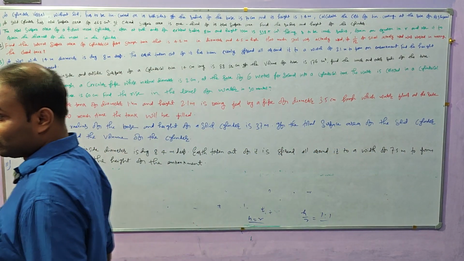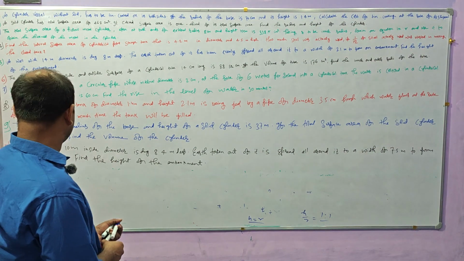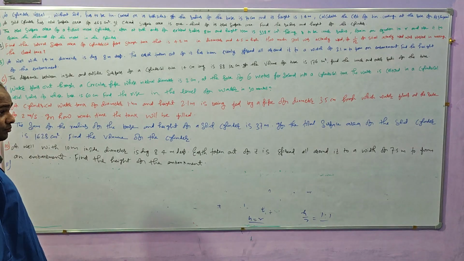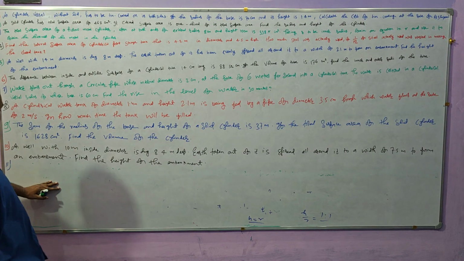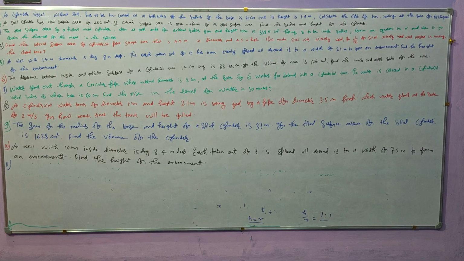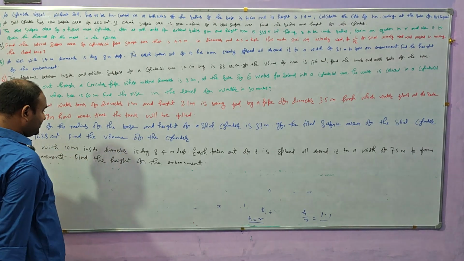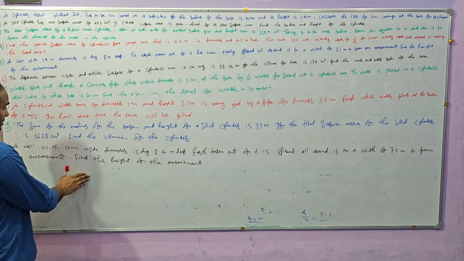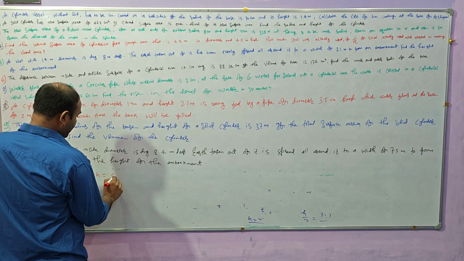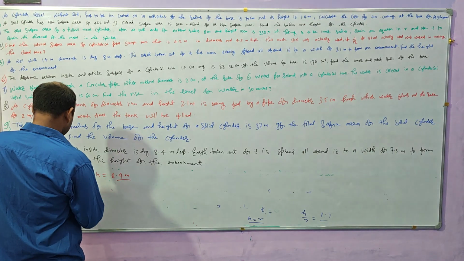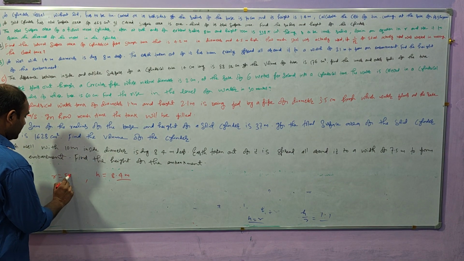So we have a diameter of 10 meter and depth 8.4 meter, and R is 5 meter.